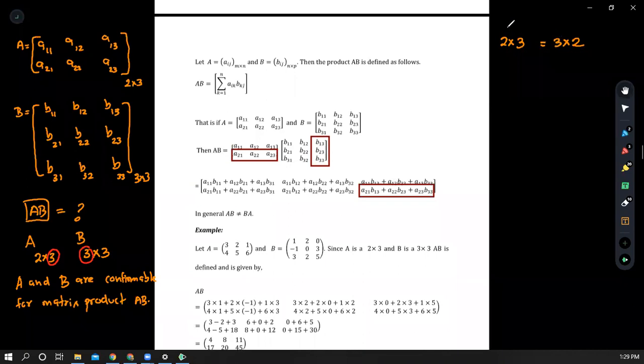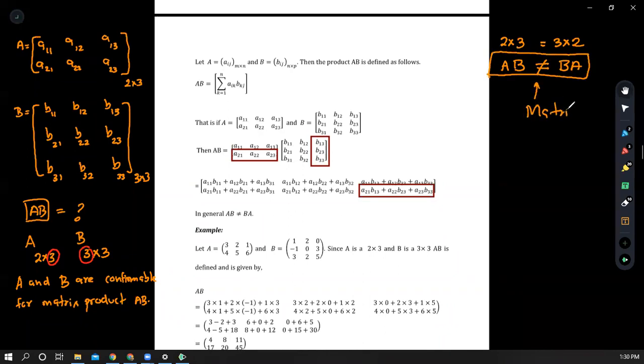We know that for multiplication of two values, if we change the order of the multiplication, we will get the same result. But once you come to matrix multiplication, A multiplied with B gives us the matrix product AB. This is not generally equal to the matrix product BA.